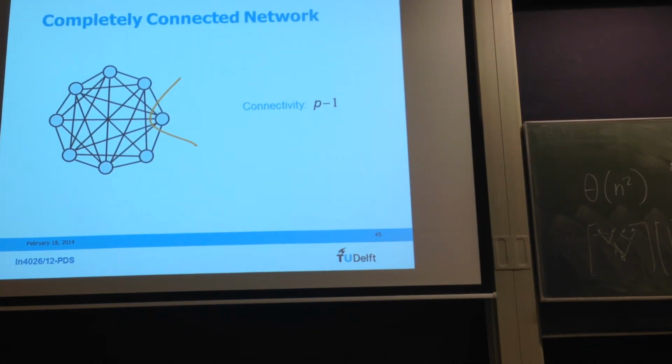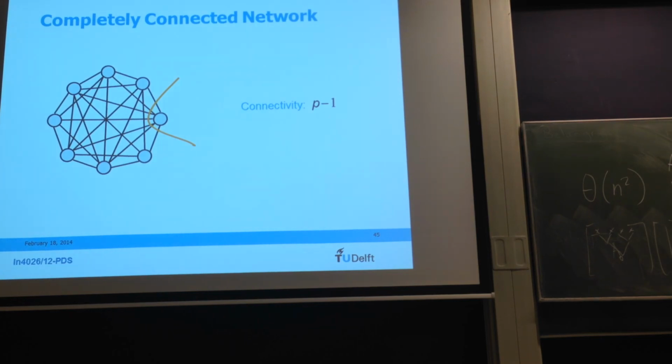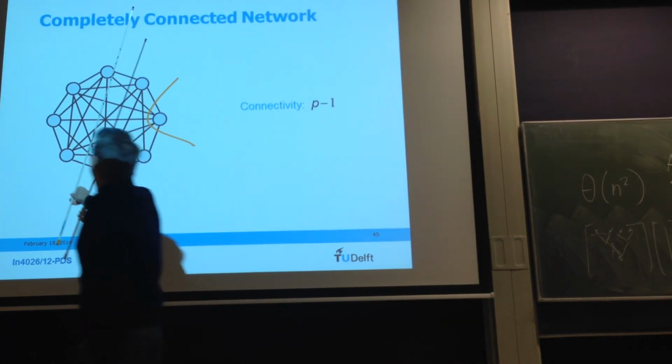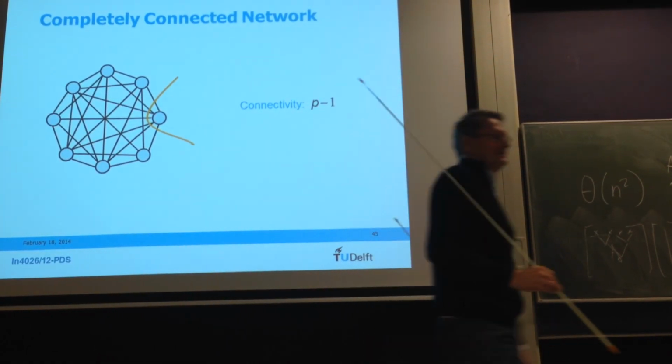Now the bisection. That's more difficult to see, right? Say you cut it into halves.